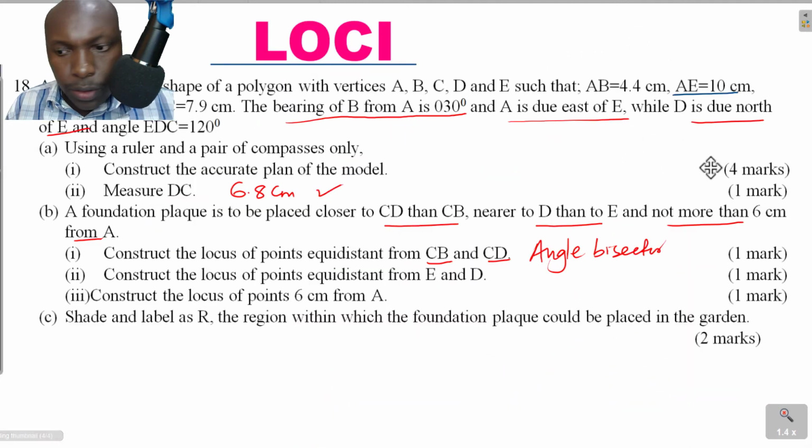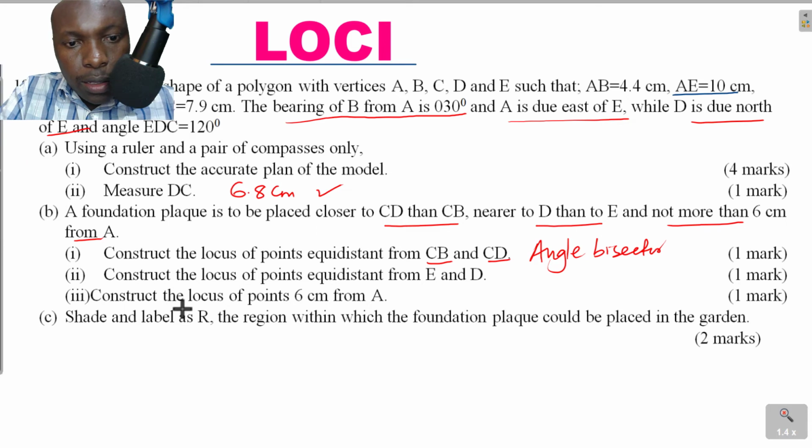Now the other question is: construct the locus of points equidistant from E and D. Now which type of locus is this? This one is the perpendicular bisector locus, the locus of points equidistant from two fixed points.